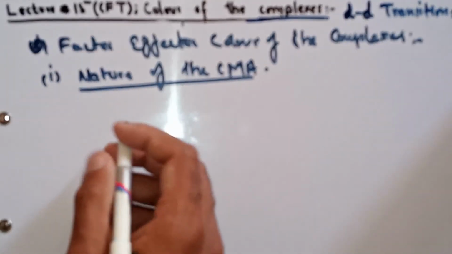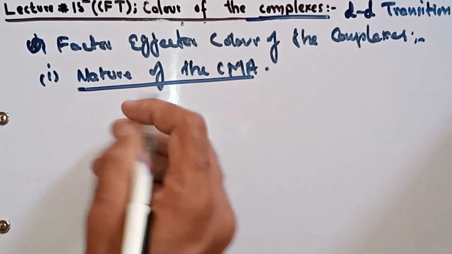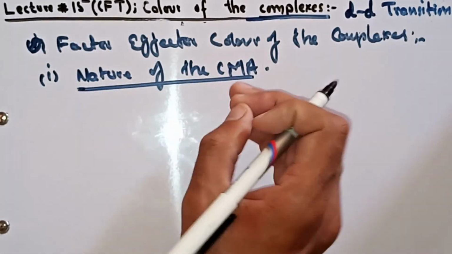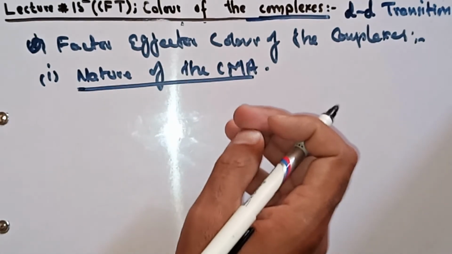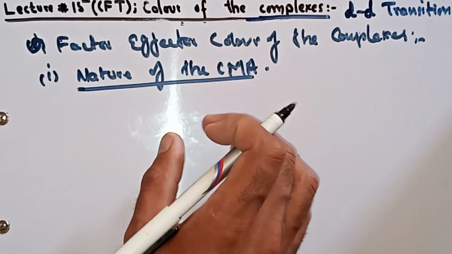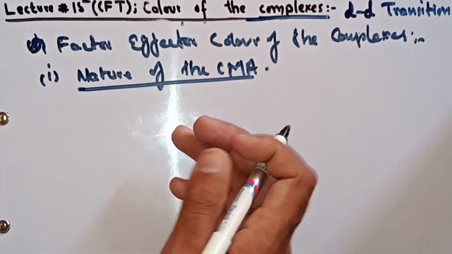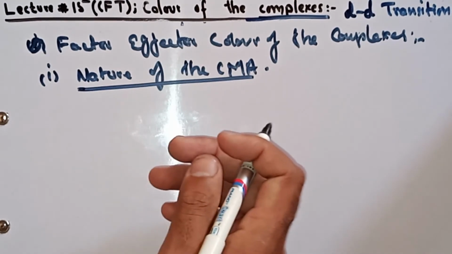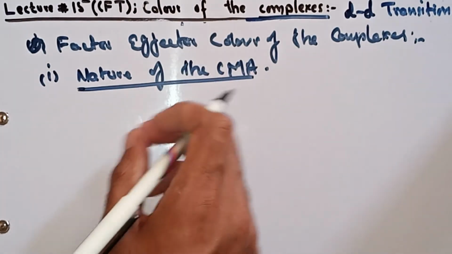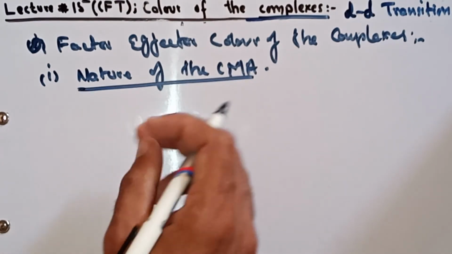What does that mean? Different central metal atoms will show different absorbed colors and also different emitted colors. When two complexes have the same ligands, they will show different colors because of the central metal atom.